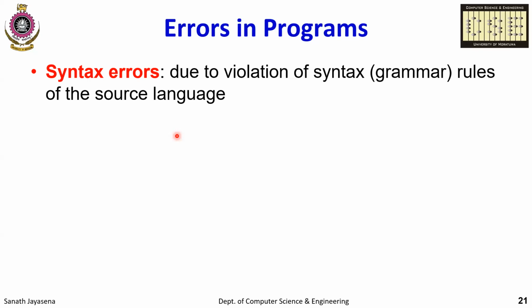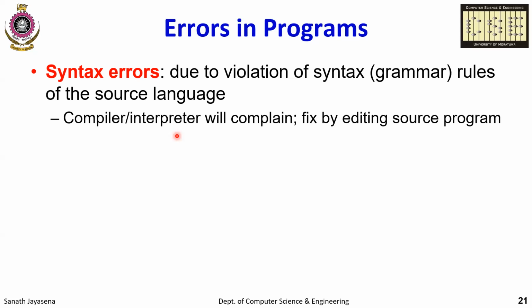But in the case of an interpreted language, you might have a certain number of lines executed until you get to the line with the syntax error, because it goes statement by statement or line by line. So when you have syntax errors, the compiler or interpreter will complain, and we need to fix them by editing the source program.